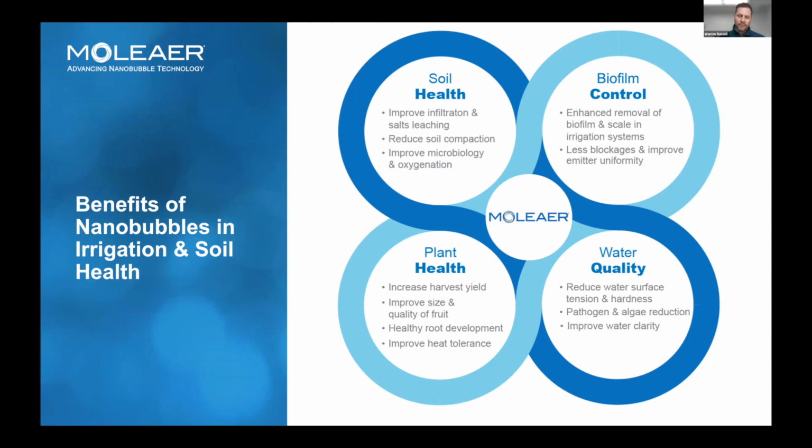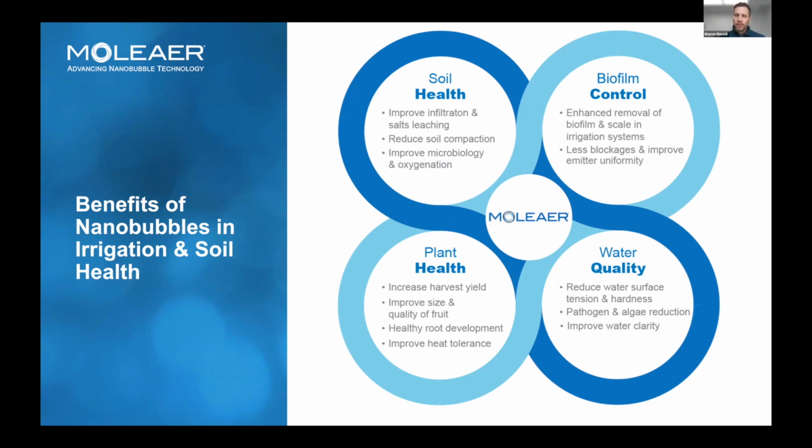And then obviously with this improved water quality, nanobubbles in solution, reduced surface tension, we're focused on how that affects the distribution of water in the soil column, the effect on soil compaction, microbial activity, obviously reduction or suppression of pathogenic organisms, then the promotion of aerobic organisms that would be beneficial to root and plant health.